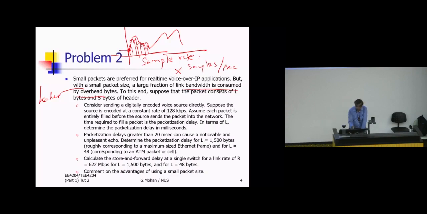And each of these samples is mapped to a binary number. Usually, let's say we use an 8-bit binary number. So each of these sample values is mapped to 0 to 255.